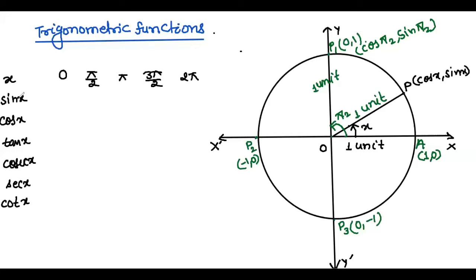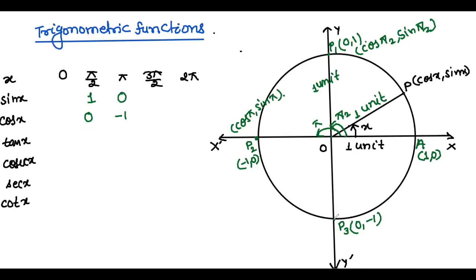Similarly, at P2 the angle is pi radian. So we can write P2 as cos pi, sine pi. So cos pi is -1 and sine pi is 0.